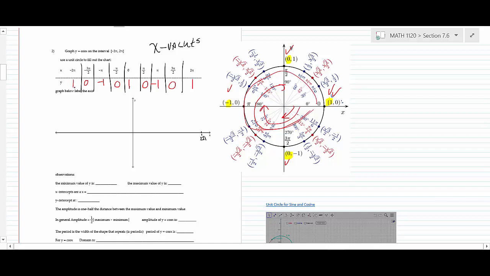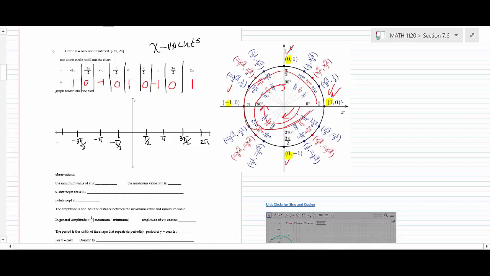Now those numbers are all the same, but they're in different places. So when you create your graph, you want to, again, label this like we have in the chart: pi over 2, pi, 3 pi over 2, and then 2 pi. Okay, so you want to get everything kind of put together. And then over here, you do the negatives the same way. And that's just a matter of plotting your points.